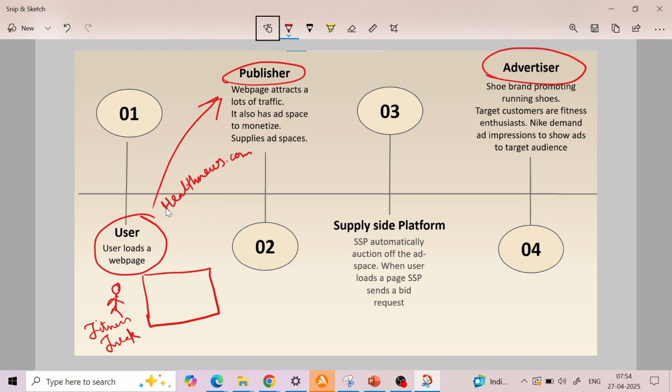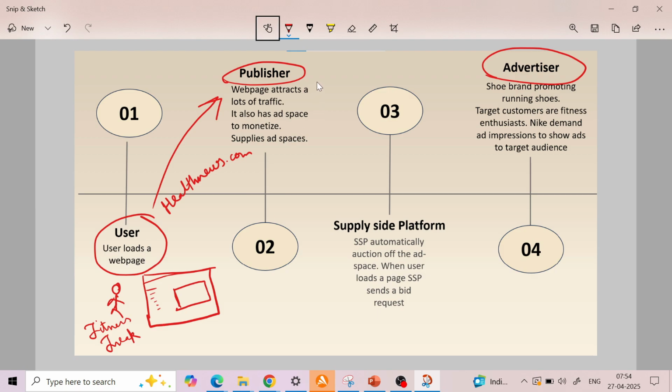So this user is trying to access this web page, and the web page is loading, and there is a particular section of this web page which is open for ads. This publisher wants to show some ads to the users who are coming to this web page. Assume that the web page attracts a lot of traffic and also has ad spaces to monetize. So basically this publisher is a supplier of ad spaces.